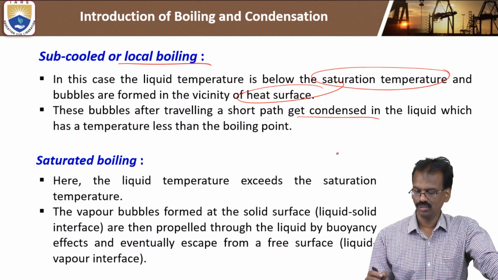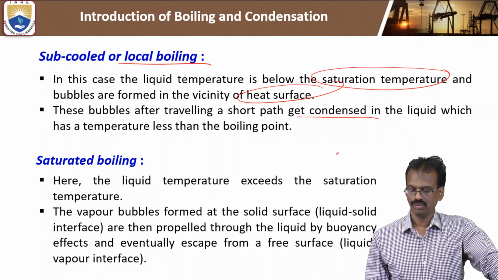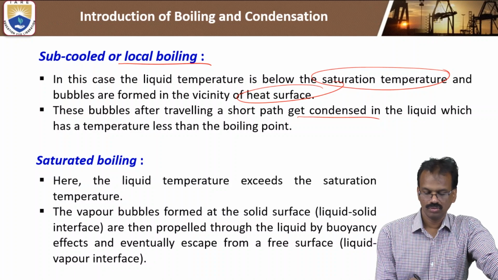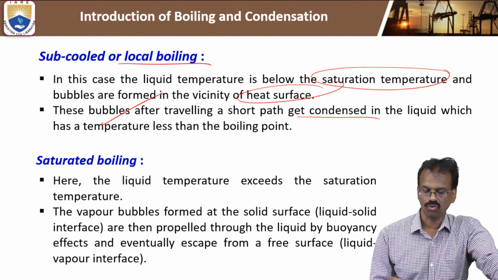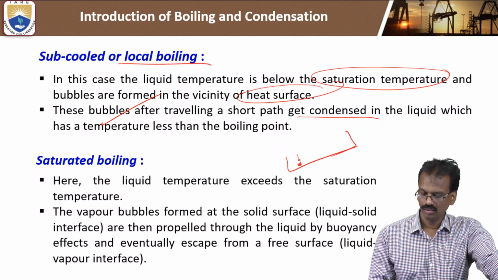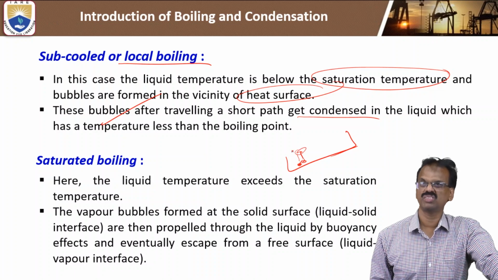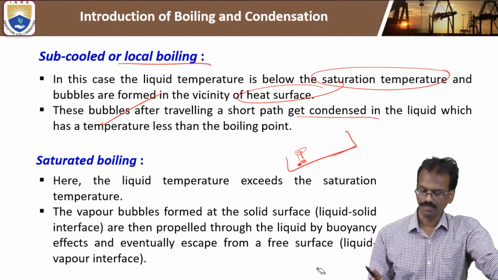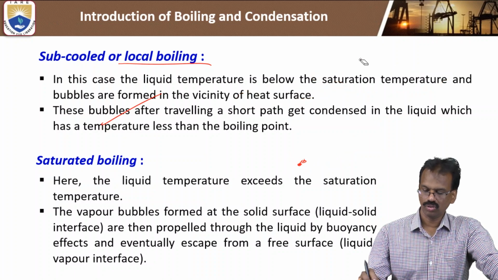Because of the lower temperature, the bubbles are converted into liquid. So this is the process called local boiling. Initially the bubbles form, and these bubbles rise. Here, due to the lower temperature, these bubbles are condensed and converted into liquid form. So this is called local boiling.